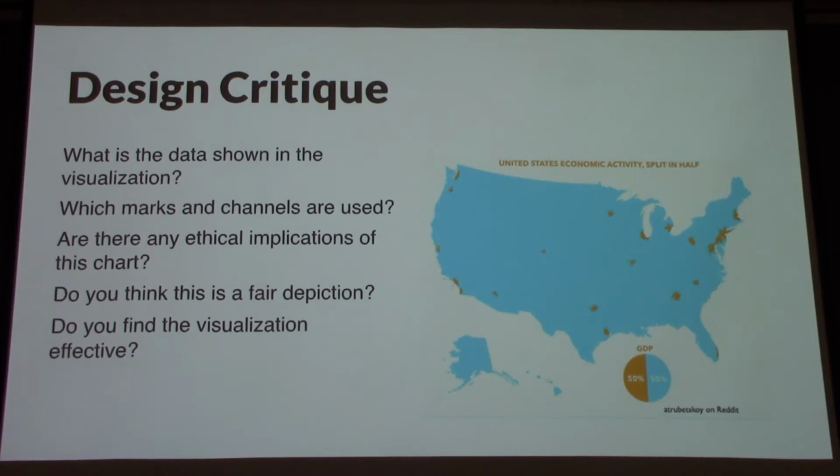Yes. Like the East Coast would have one side and then the other. It almost feels like it's saying that some parts of the country are contributing more to the total GDP than others. Yes. Doesn't feel very nice. That is what I think is the main ethical thing here.